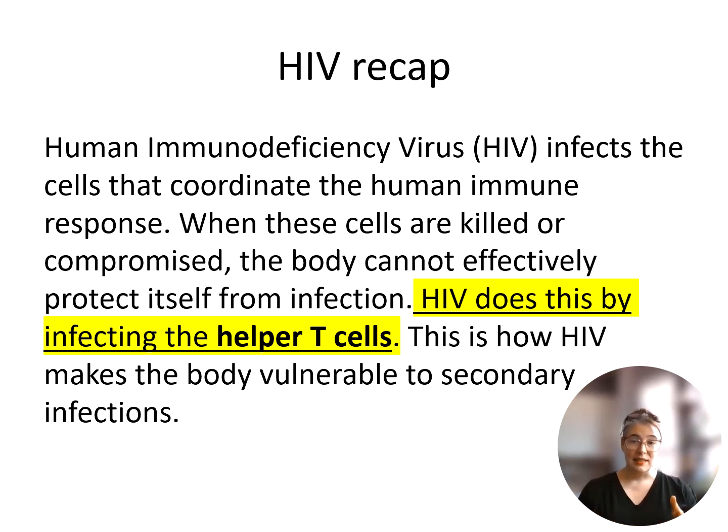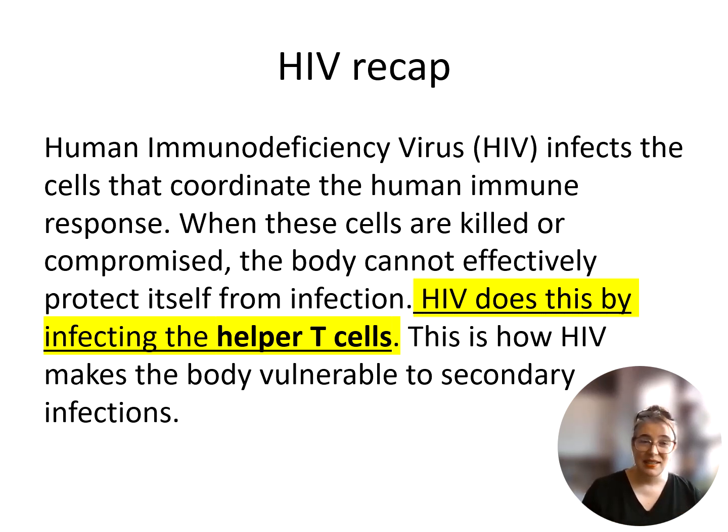So when these cells are killed or compromised, and by compromised, they're in the process of dying, your body cannot effectively protect itself from any infection, which means individuals with an active HIV infection are going to start getting sick from a lot of things, from fungal infections to the flu to pneumonia, all sorts of what might be serious or not serious infections are going to start attacking the body because there's no natural immune response.